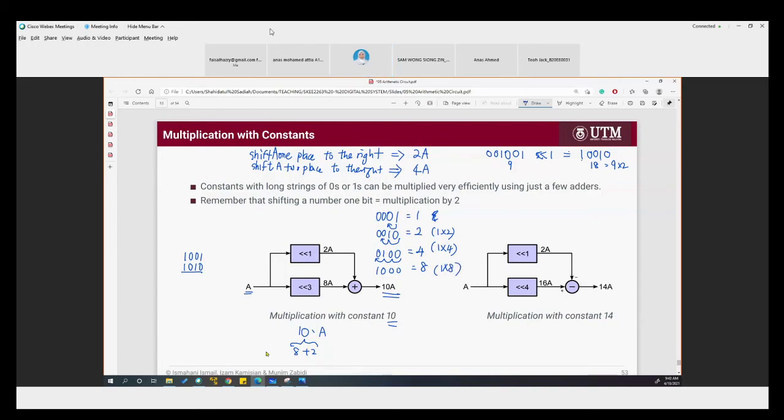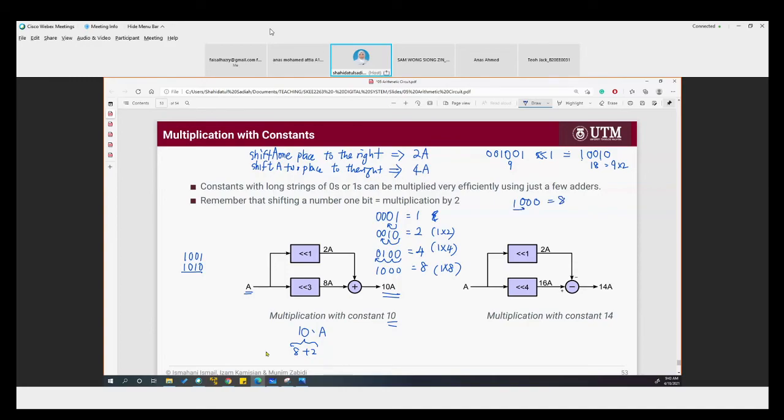I think you understand this. So if we shift one direction, we are multiplying it by 2. If we shift it the other way, we are dividing. We have 1000, that is 8.